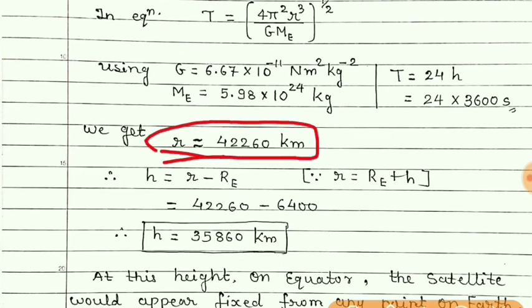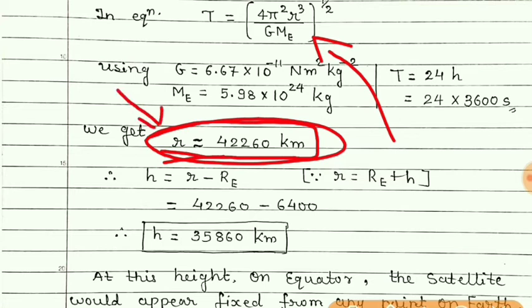42260 kilometer. So students, do the calculation yourself. Make r the subject from this equation and then calculate it by putting in the other values. You will get r nearly equal to this.